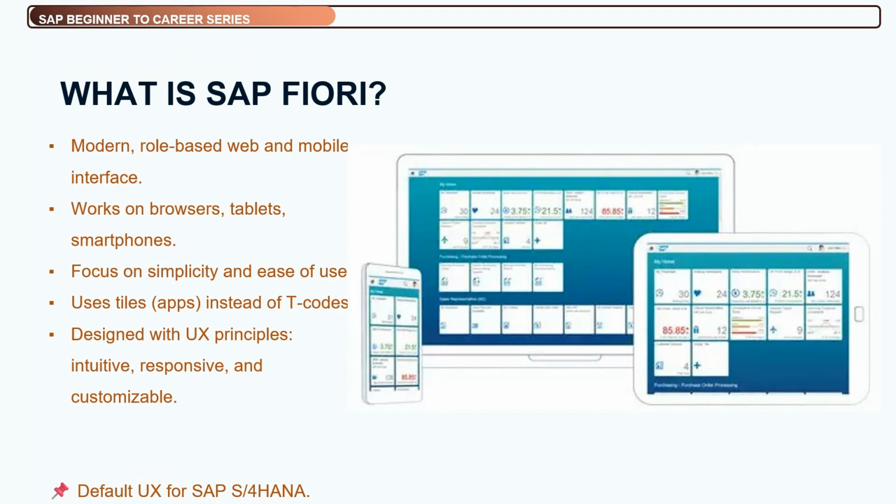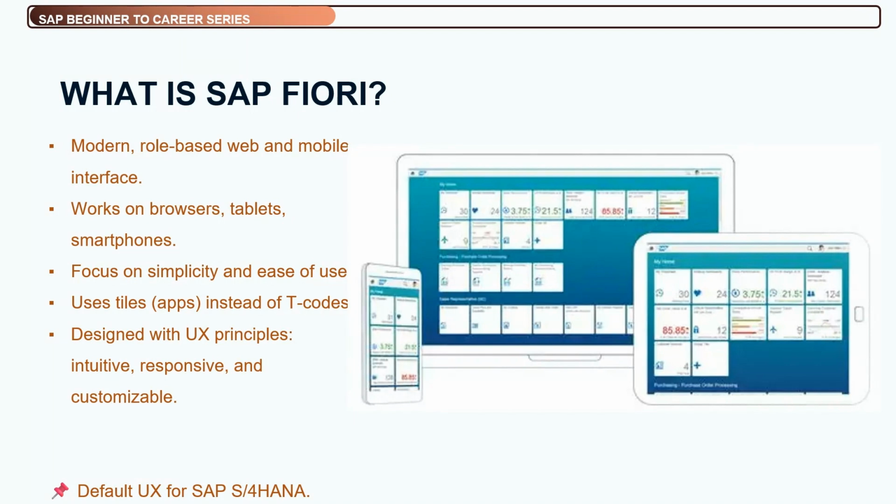But when it comes to Fiori, it's a modern role-based web and mobile interface where you can access SAP Fiori using a desktop or maybe your mobile device or maybe any device. You can log into SAP Fiori and do your transactions. So it works on browsers, tablets and smartphones. This basically focuses on simplicity and ease of use.